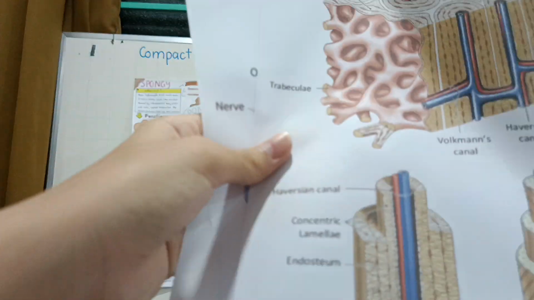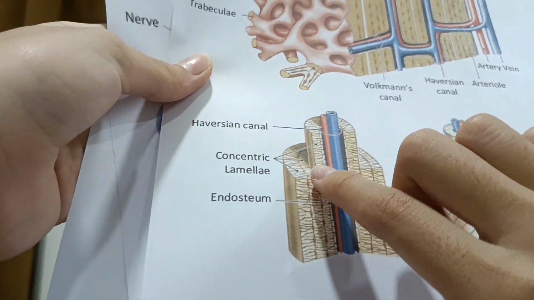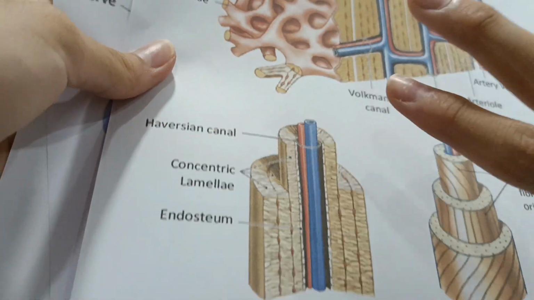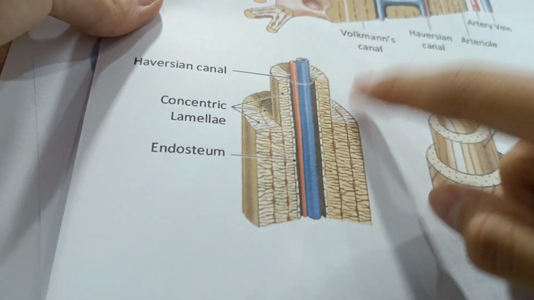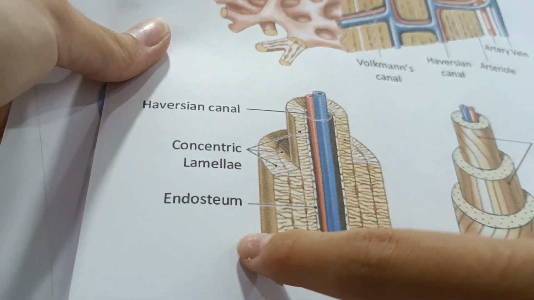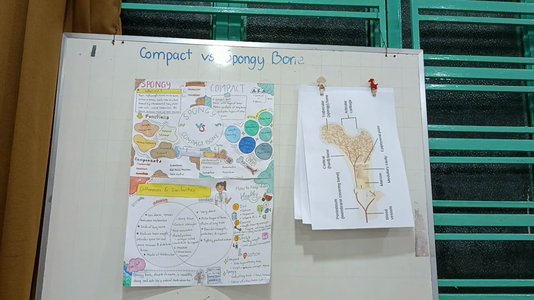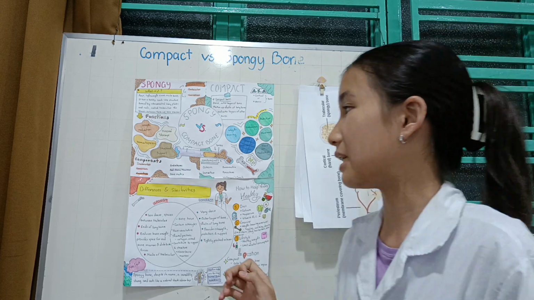Okay, so this is lamellae. This is the concentric lamellae. Those are the thin layers that surround the Haversian canal, as you can see here. Here's the endosteum. I've talked about this before. So that is basically all the main components of the compact bone and the spongy bone.